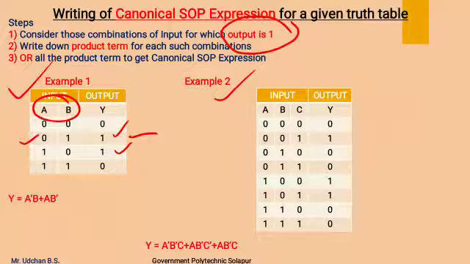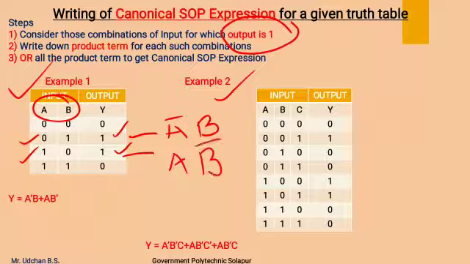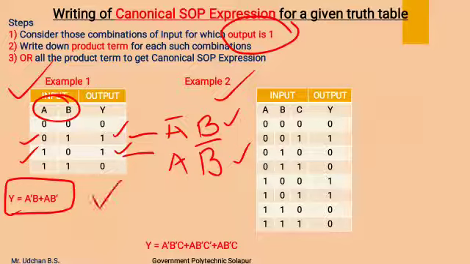So I can write the product term as, for 0 I will represent A bar and for 1 I will represent B. For this one the input combination is 1 0, so I can represent the product term related to the input combination 1 0 as A and B bar, and I will OR these two product terms to get the canonical SOP expression like this.